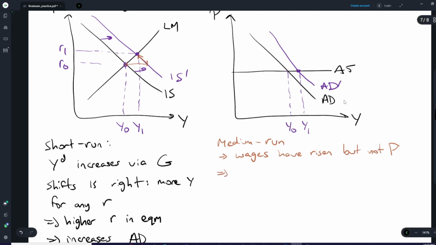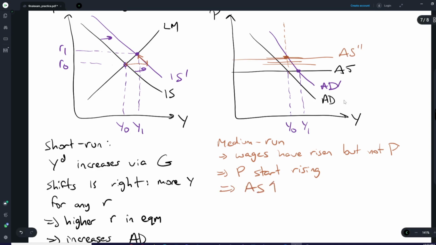This is unsustainable, so prices start rising, right? When the economy is running hot, as it is, prices start rising, and keep rising until we get back to a long-term sustainable equilibrium back at potential output, right?